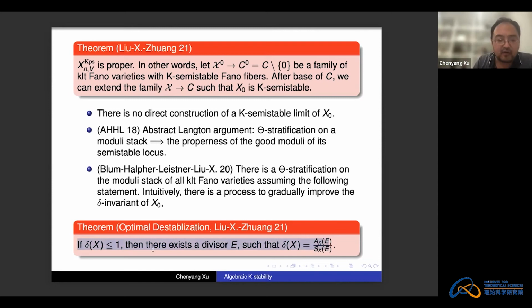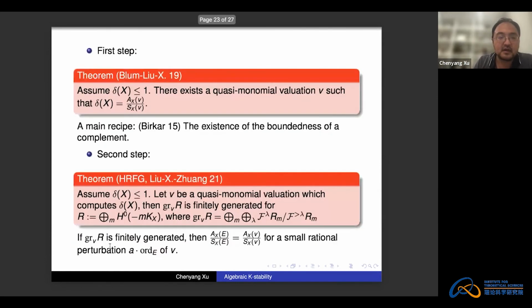For that, we only need the case delta equal to 1. But for this moduli, we actually need the case delta less than 1 also. So we basically need all the cases where delta is less than or equal to 1. Again, there are two steps as I explained. The first step is we show there is a quasi-monomial valuation such that this is true.